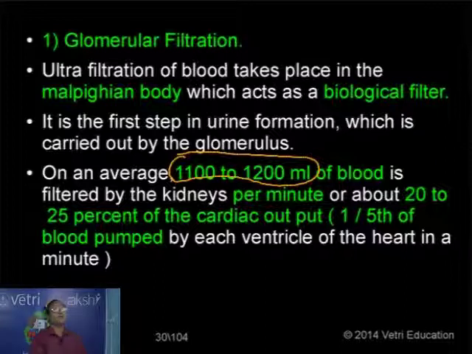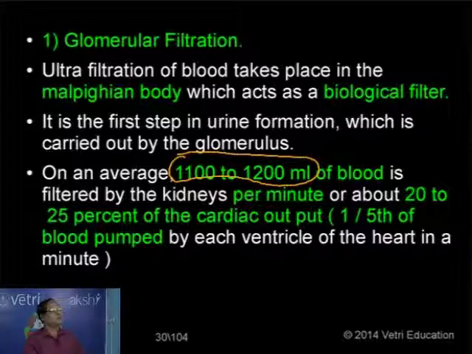If you compare the diameters, the afferent arteriole is much wider than the efferent arteriole. That is a basic factor responsible for filtering the various materials. So, filtration occurs at the Malpighian body level, which acts as a biological filter.